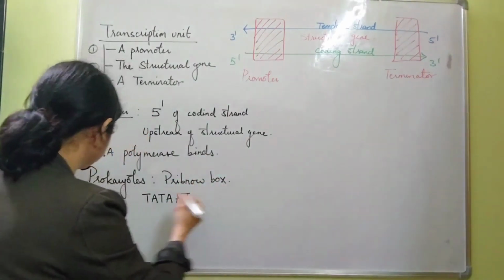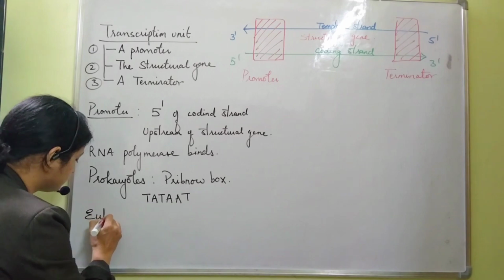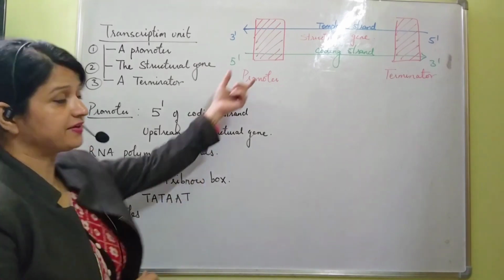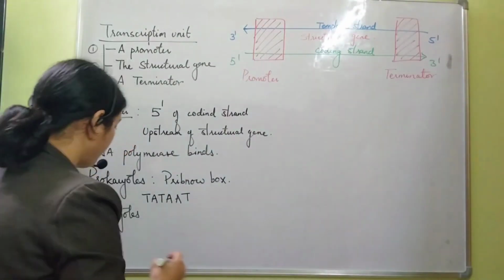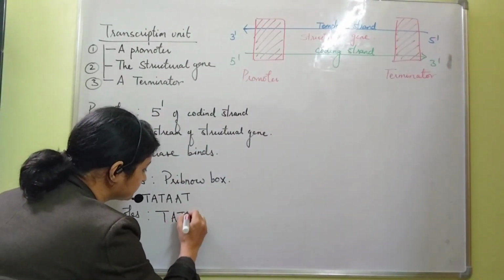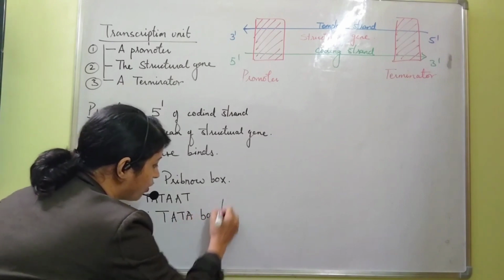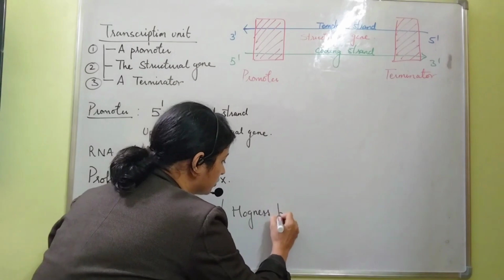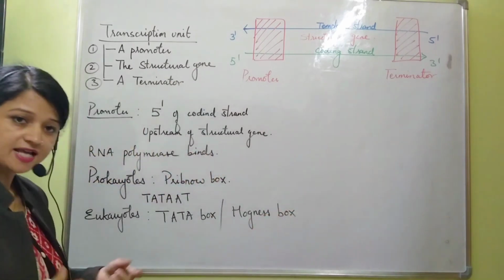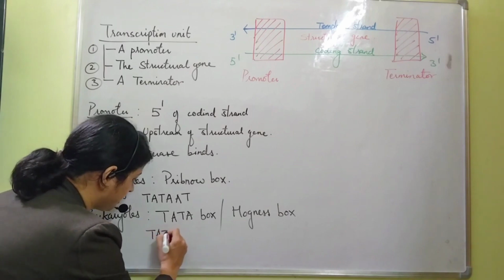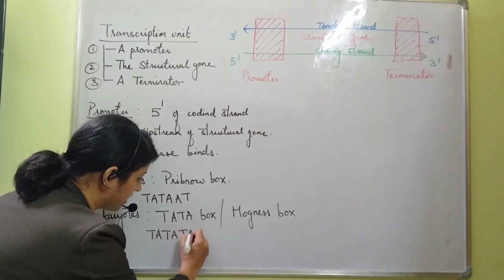But in the case of eukaryotes, there is also an AT-rich region in the promoter, which is known as the TATA box. It is also called the Hogness box. And it has a sequence of 7 base pairs, that is TATATAT.